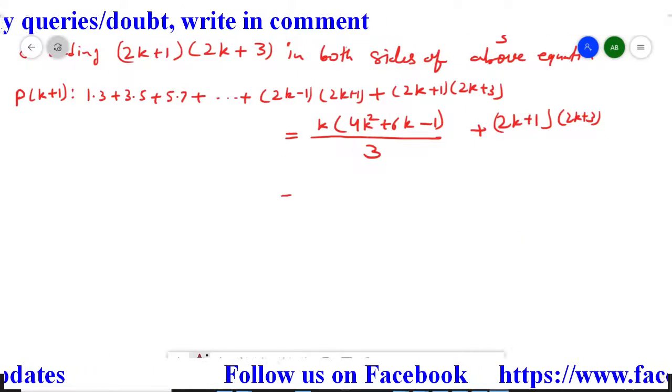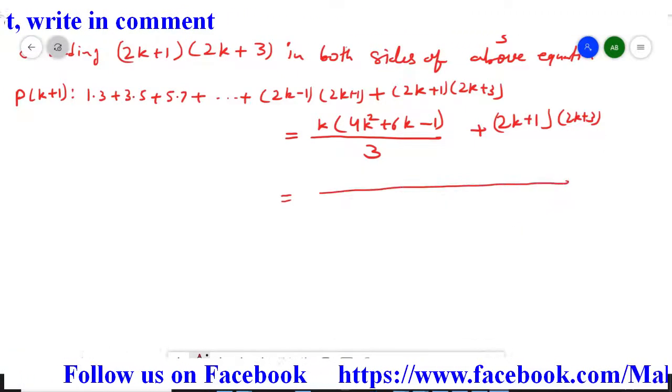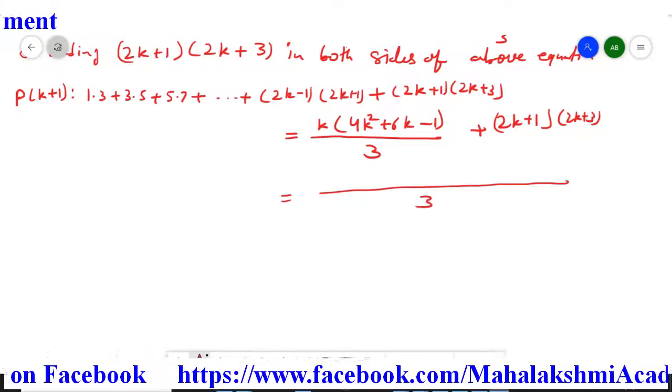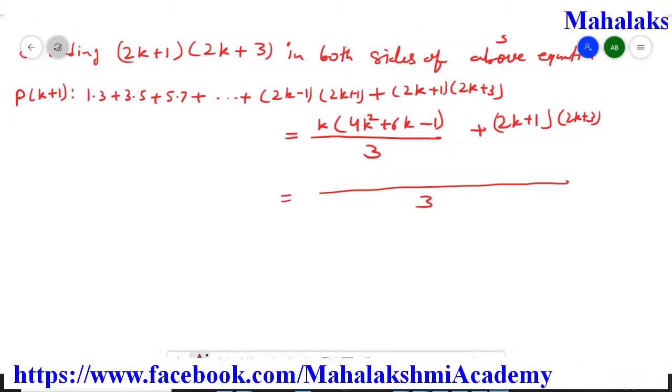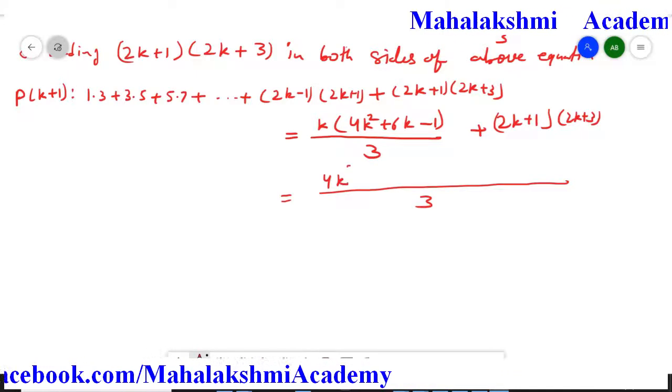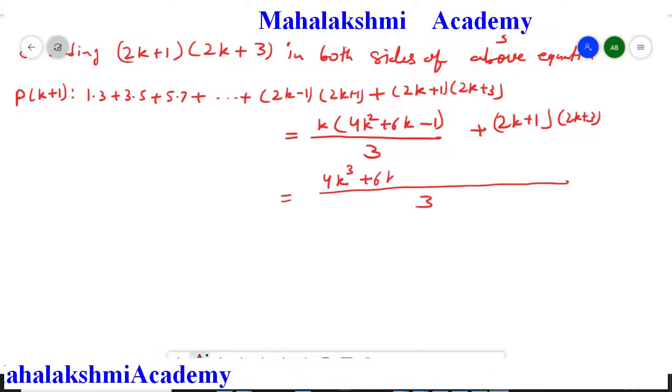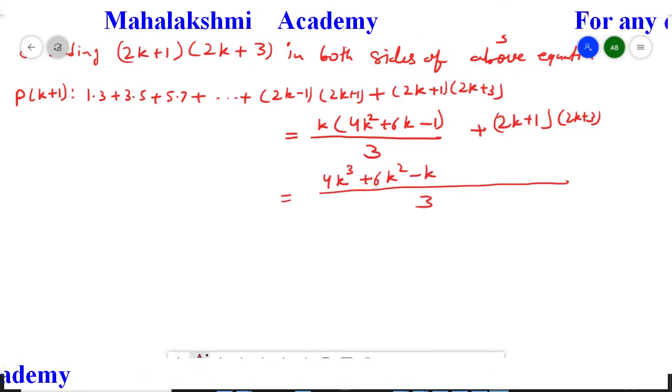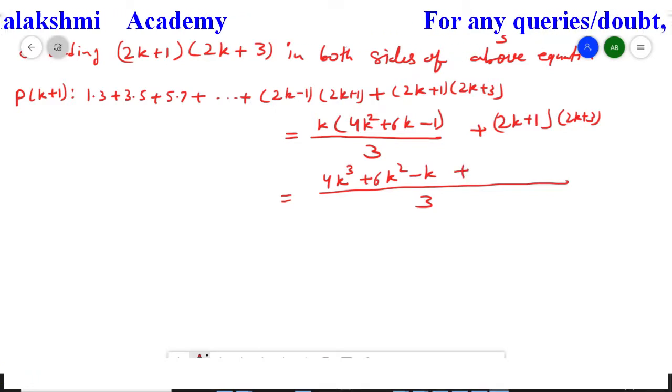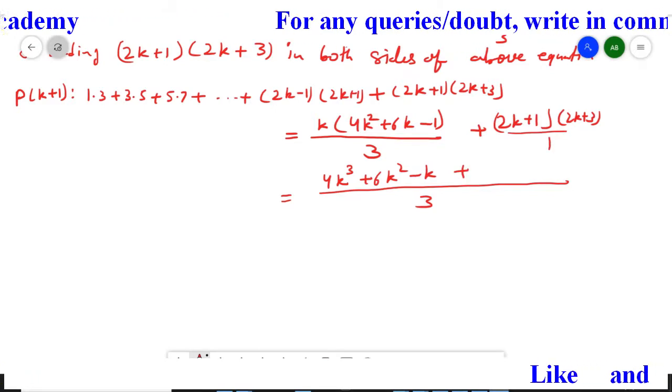So when we take the LCM, the LCM is going to be 3, and here it's going to remain the same. So I'm going to open the bracket. It's going to be 4k cube plus 6k square minus k, and because here nothing is there, we write here 1.